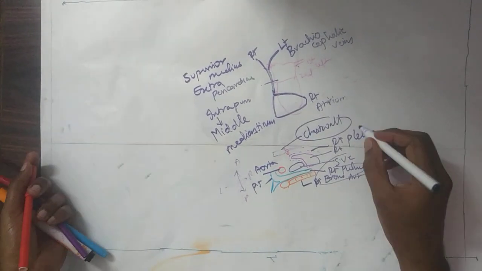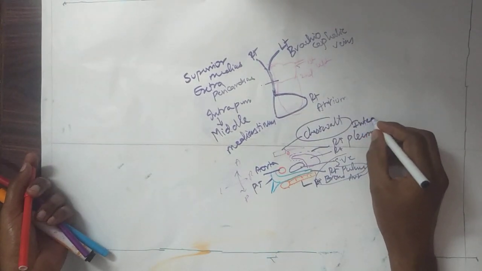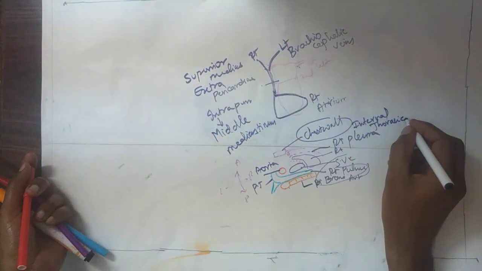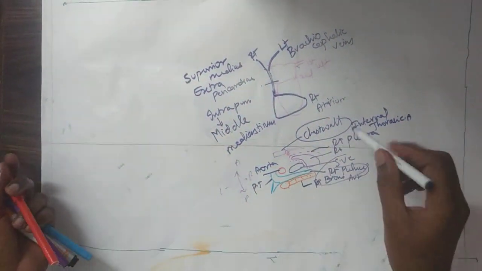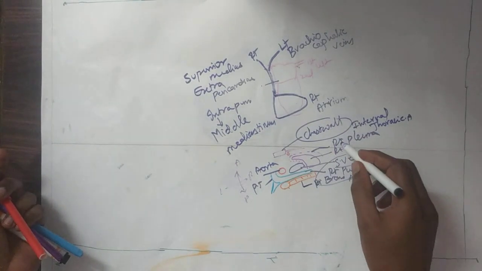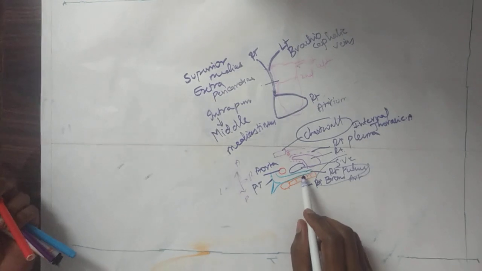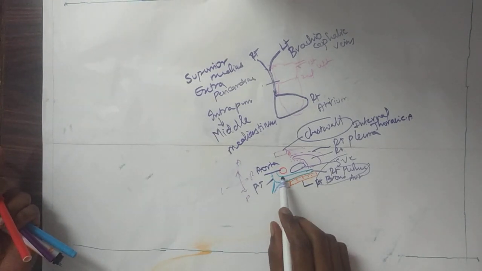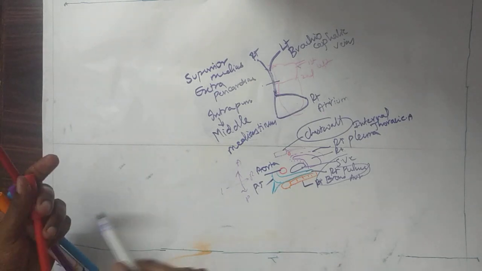That is your internal thoracic artery. So these are the relations: anterior to the superior vena cava, the right lung and the pleura. Behind that, posteriorly, right pulmonary artery, right bronchus. To the left, aorta and the pulmonary trunk.